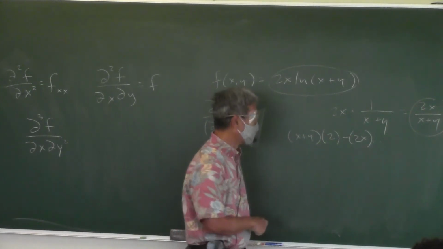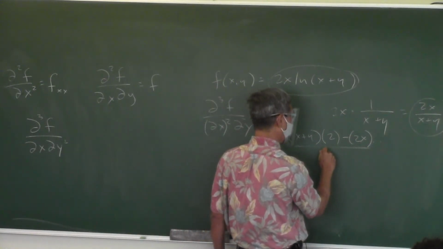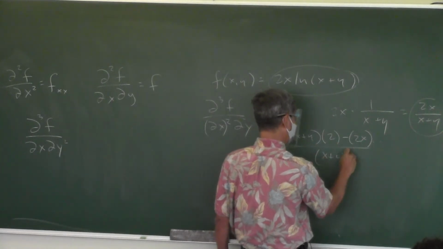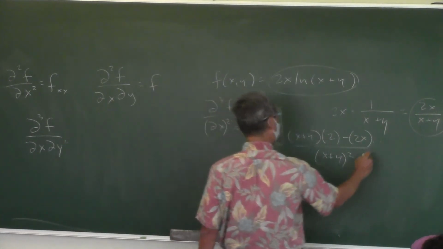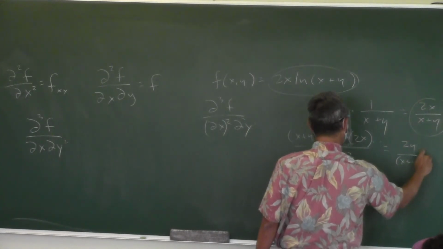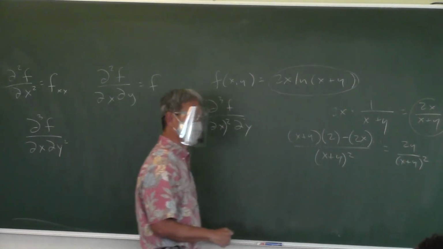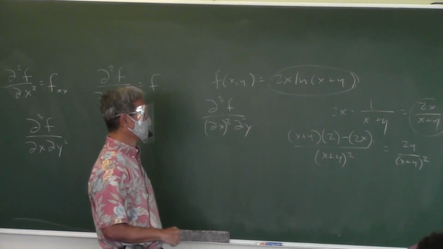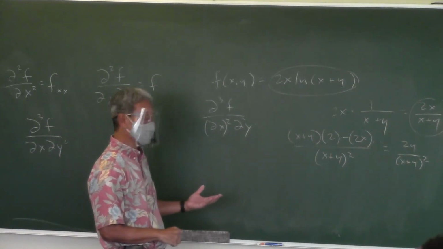So 1, over x plus y squared. Okay, shall we simplify that? Yeah, we simplify it and you get 2y all over x plus y squared, right? Because the 2 x's cancel out. Do I have to show that step?